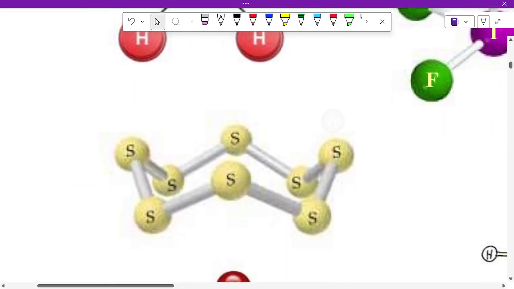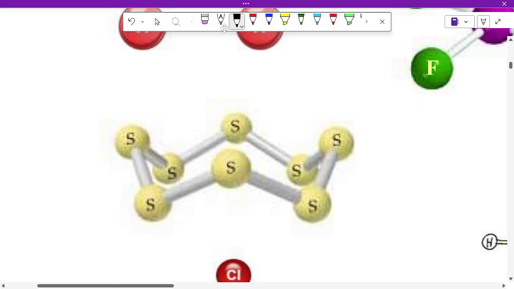How about this one here? Is this a molecule of an element, or is it a molecule of a compound? Everybody should be able to tell me. Of an element.